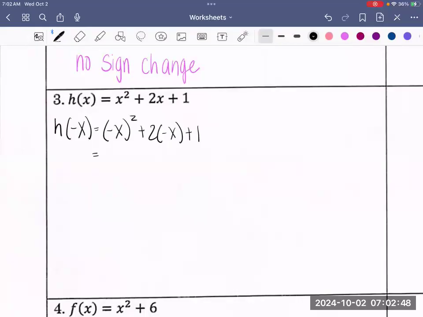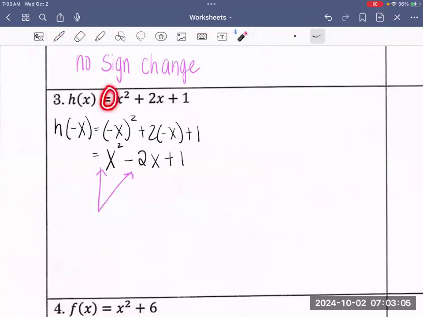So the negative x squared will remain positive. However, 2 times negative x will make negative 2x, and then plus 1. So notice that these signs are now mismatched, right? This one was positive and this one was positive. This one is positive and this is negative. It's either an all or a none situation. So either all of your signs change or they all don't change.